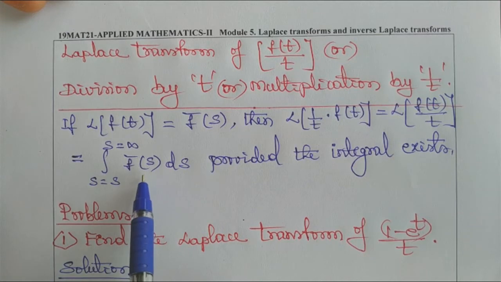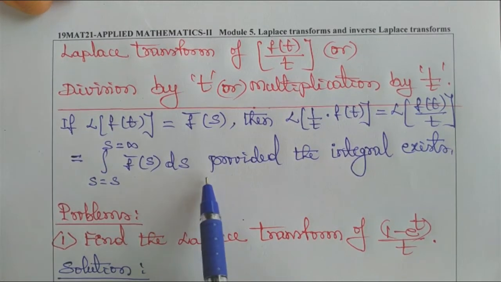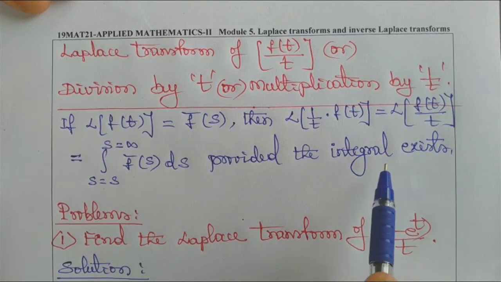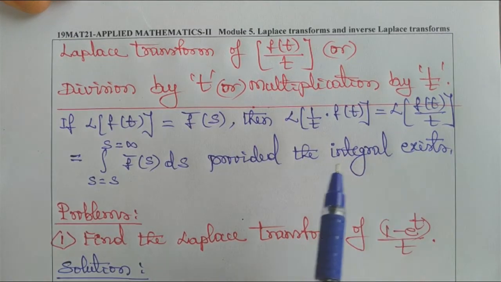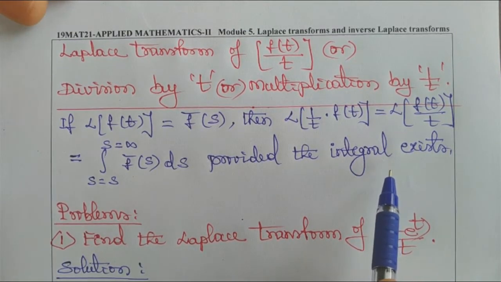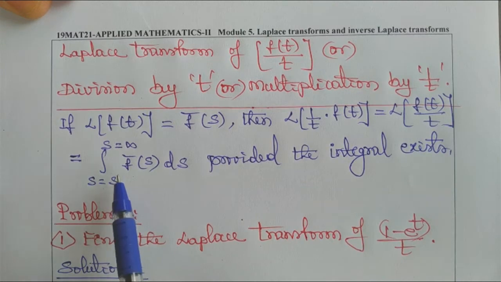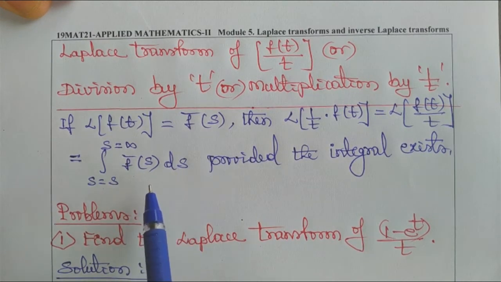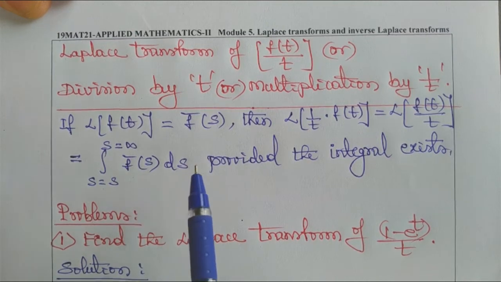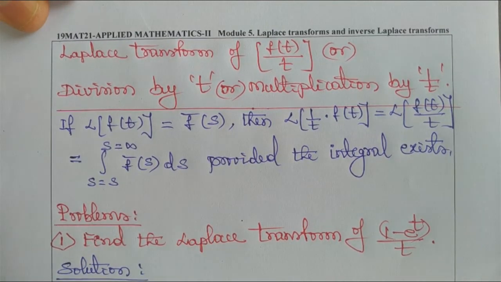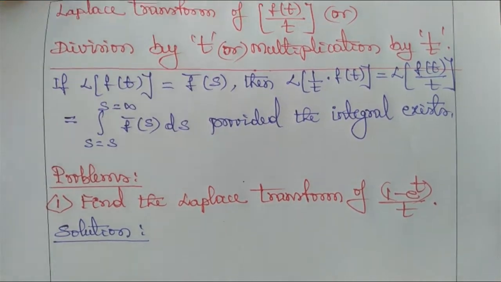You know f bar of s is nothing but Laplace of f of t, provided the integral exists. Integral should exist. So Laplace of f of t divided by t is the integral from s to infinity of f bar of s ds, otherwise the integral from s to infinity of Laplace of f of t ds. Now we'll do problems on this.